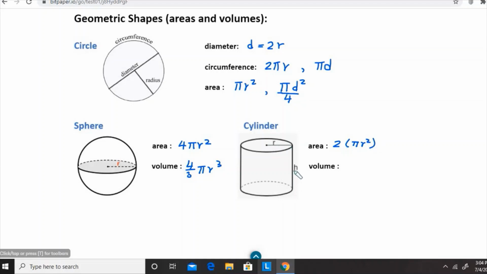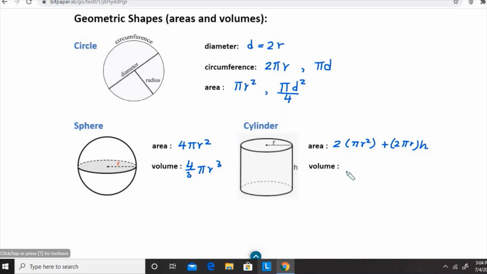R is the radius, you can see h is the height of the cylinder, plus now the area of this curved surface. So that is written as 2 pi r times h. Okay, so that gives you the surface area of a cylinder.